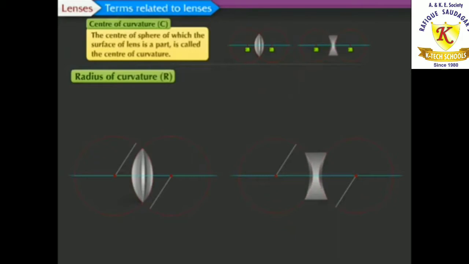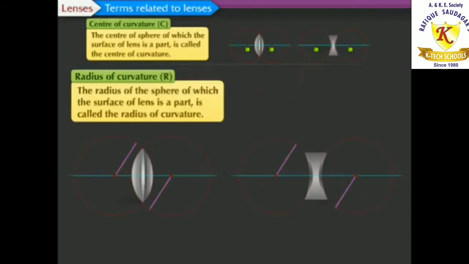Radius of curvature. The radius of the sphere of which the surface of a lens is a part is called the radius of curvature. Radii R1 and R2 are the radii of curvature of the lens.